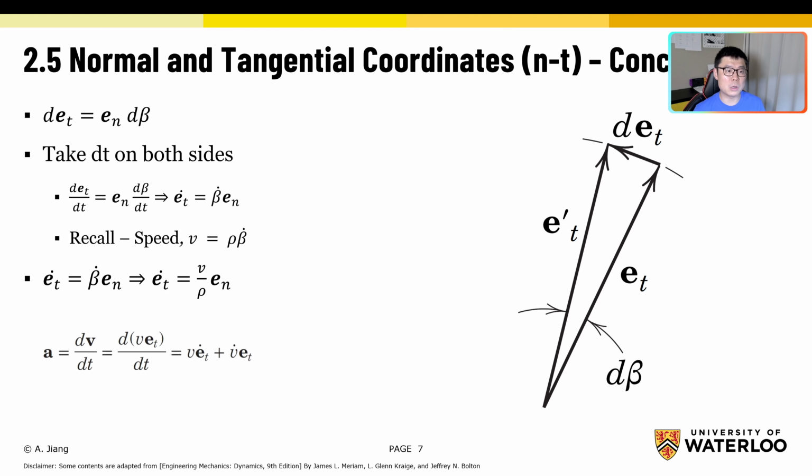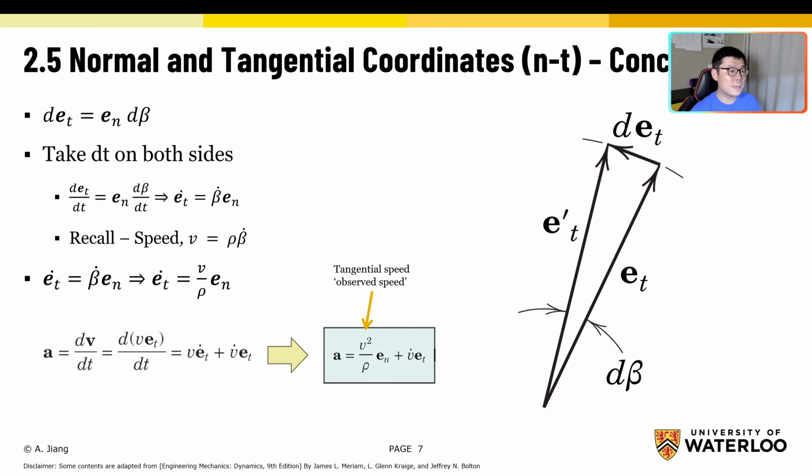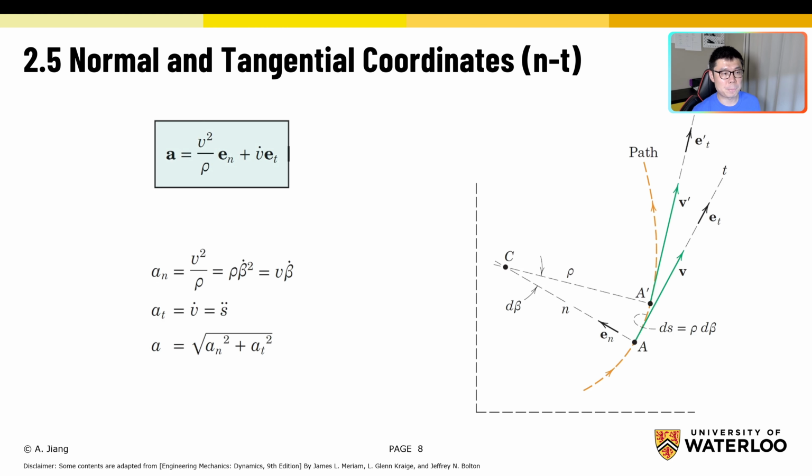Going back to our derivative of the velocity, where we got stuck because we didn't know the derivative of et, now we can put it together to get our overall acceleration, which is described by two directions, tangential direction et and normal direction en, or two components, the n component and the t component. We can separate this vector expression to look at its scalar form.